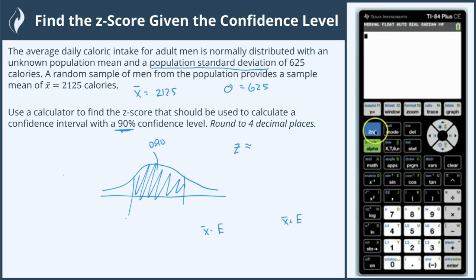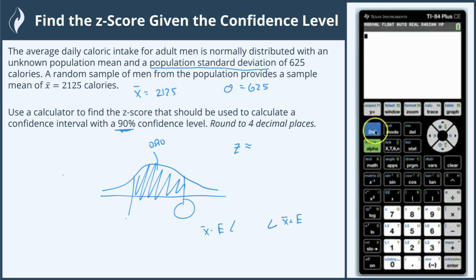So when we're finding this particular z-score, we're going to find the positive version of it, because that's what we use in the formula.